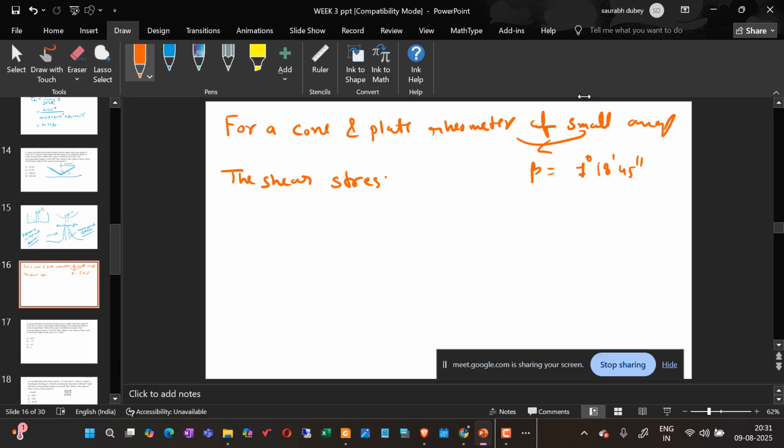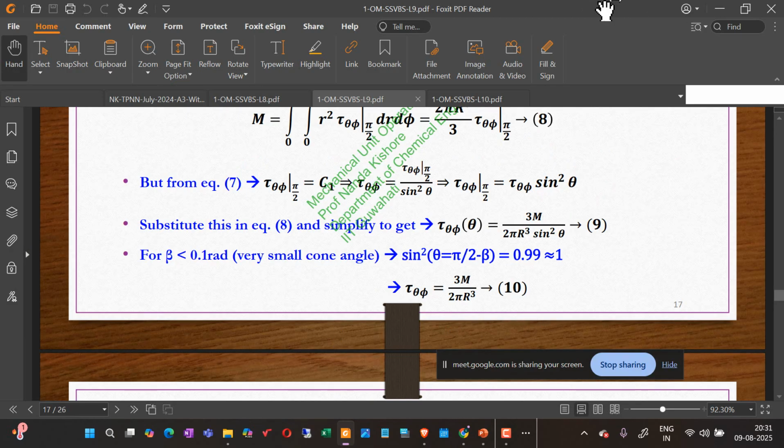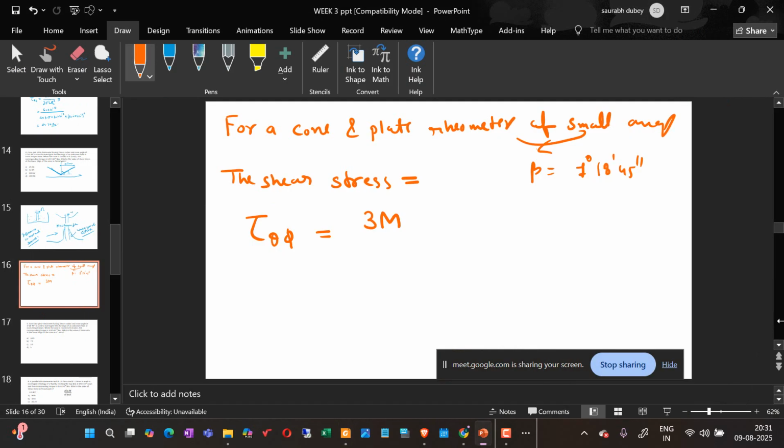So the shear stress can be calculated as tau theta phi, and this equals what? The expression that we had at the end, what you got? 3M by 2 pi R cube.